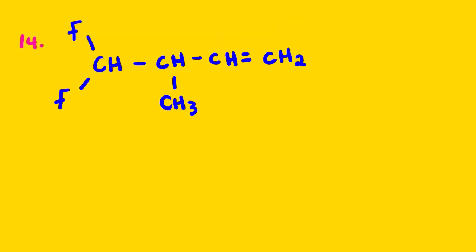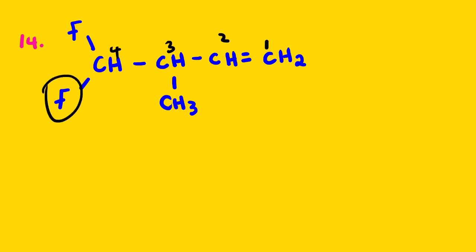Now let us look at this one. Remember that once we have a double bond, it will take the priority. So definitely going to start here, counting. Then parent chain, we can see that it's butene. The double bond is on the first carbon. Then the first substituent is on carbon number 3, which is the methyl group.